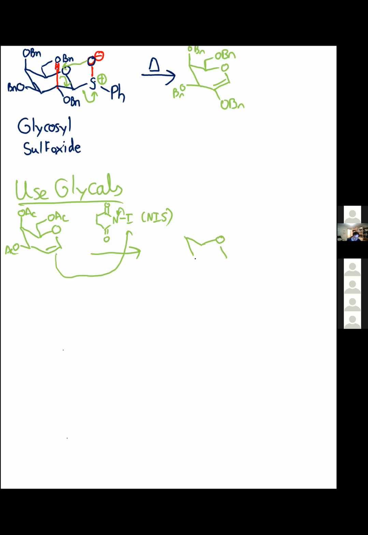So we get this. It's a source of I+. And what we're doing is top iodination. So for the purposes of this course, NIS gives you iodination from the top face of the molecule.